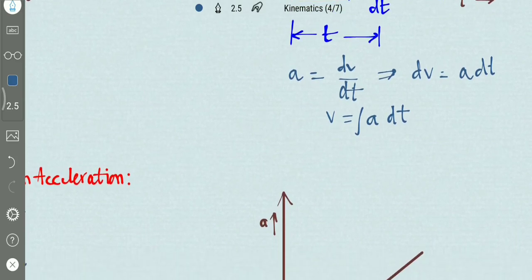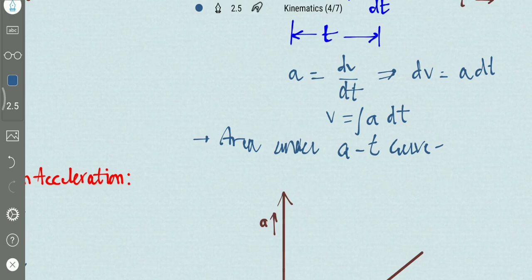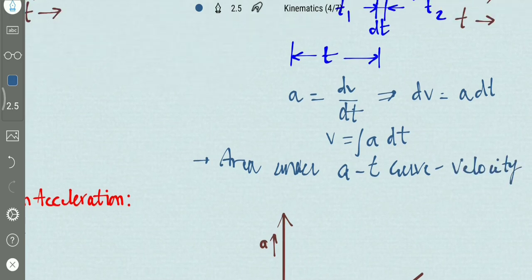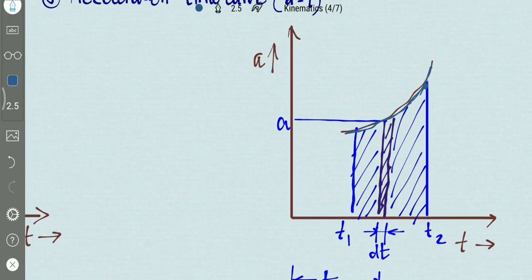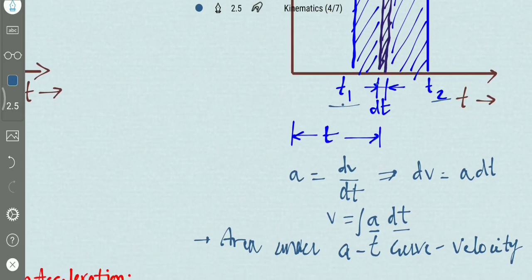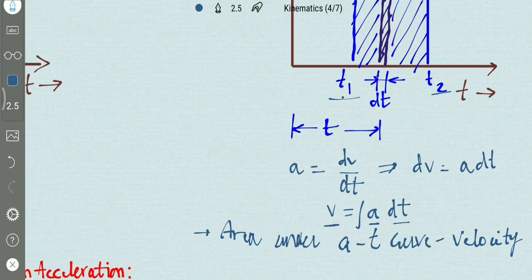So here the area under the acceleration time curve, the a-t curve, gives velocity, since here it is a into dt, right? This is a and this is dt. If this area is extended from t1 to t2, it will give the velocity.